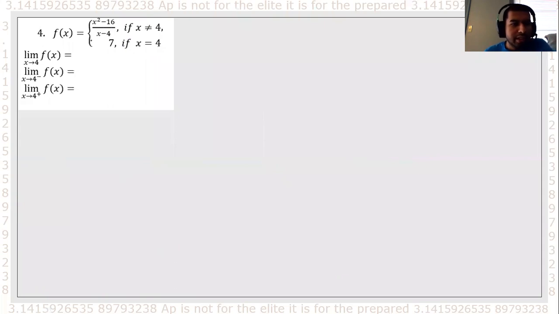So the last one is talking about removable discontinuities. So let's go ahead and do that. The first thing I always want you to do whenever you see something like this, guys, is factor it out, just like how you've been doing it before in the other homeworks. X minus 4, and this right here is a difference of squares, so x and x.